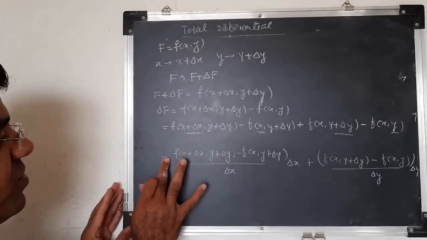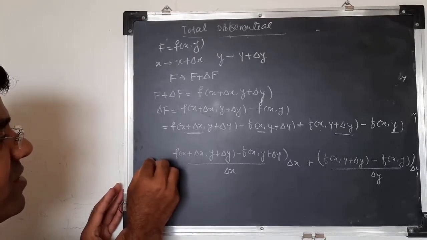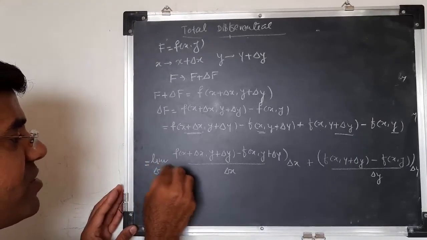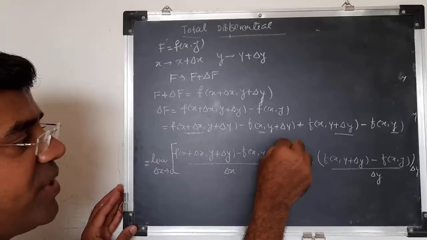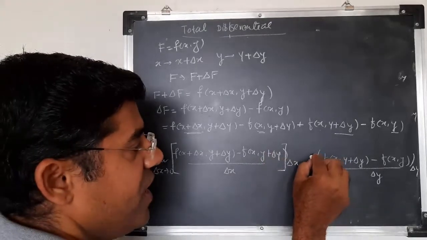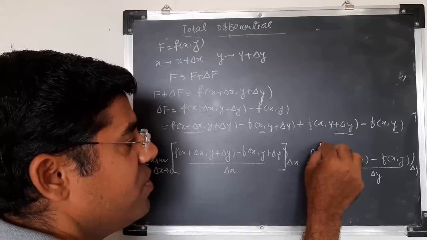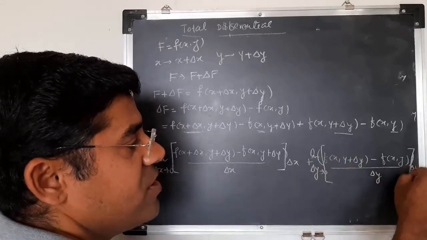For that purpose we have to take the limit. Limit delta x tends to 0 is in one bracket, and limit delta y tends to 0 is in another bracket.